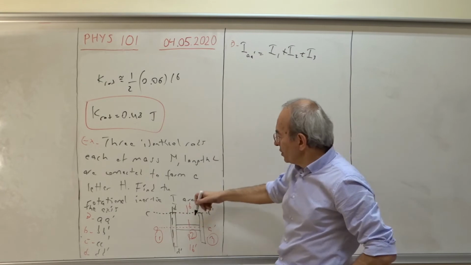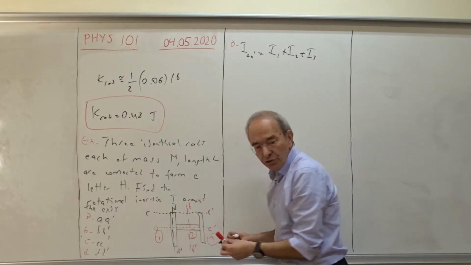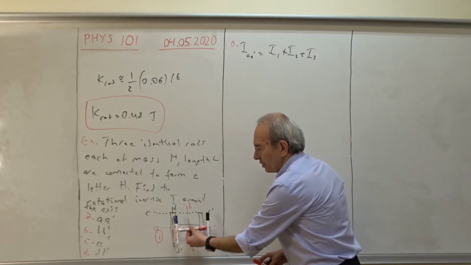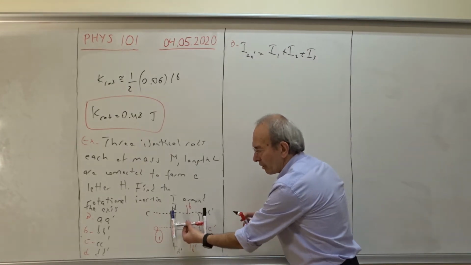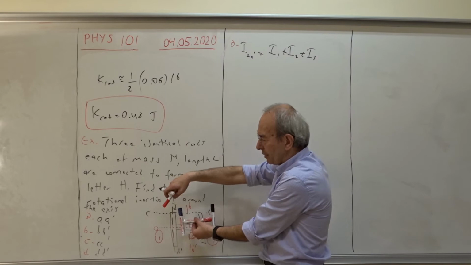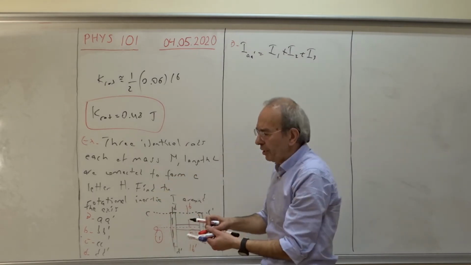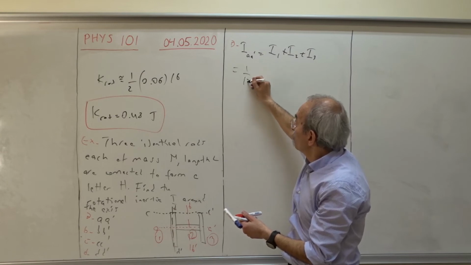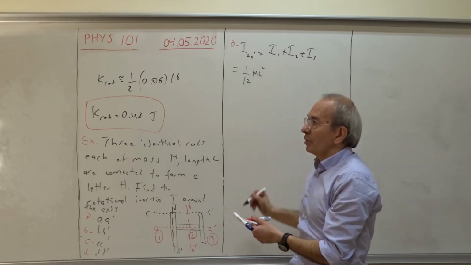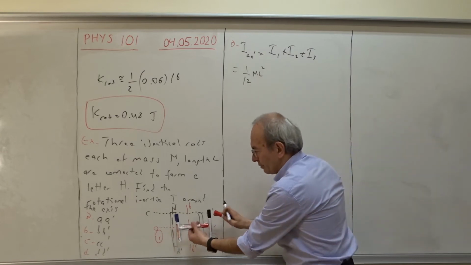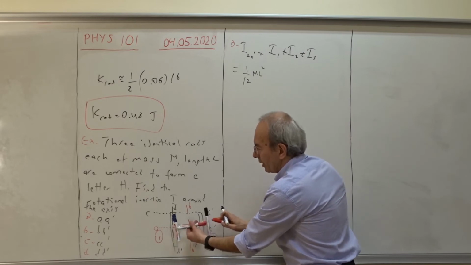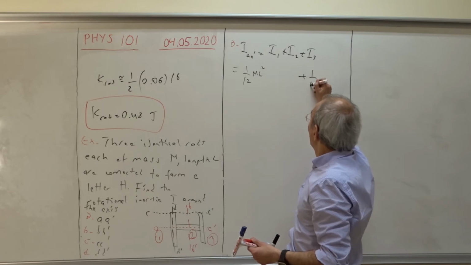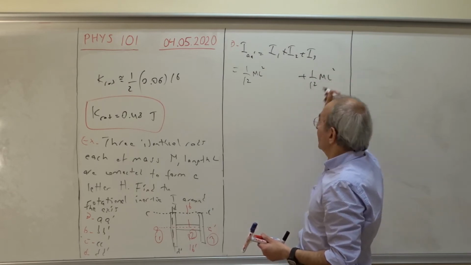So in this rotation, let me always keep the figure with us. In this rotation around A prime, number 1 is just turning around this midpoint. So I1 is only 1 over 12 m times L squared. Similarly, the third one, the black one, is also making a turn around the midpoint. So the third one is also 1 over 12 m times L squared.